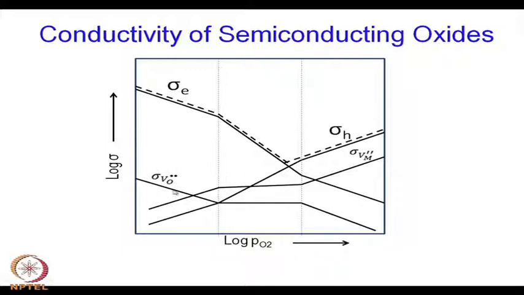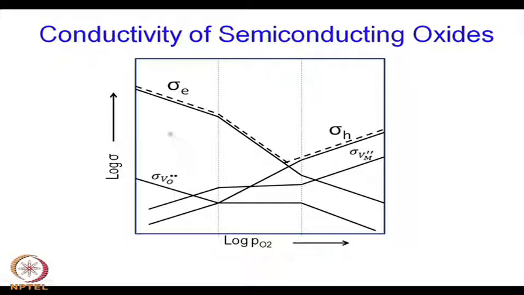The conductivity arising from the oxygen vacancy in the same material will be like this, there is a constant region there. But these are immaterial to us, because that will not get reflected in the ultimate measurement or ultimate property.